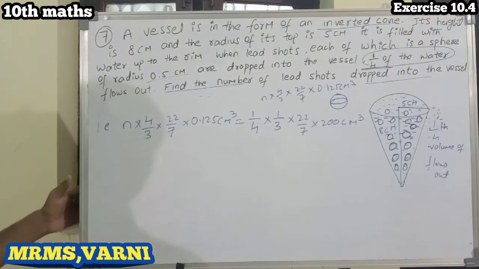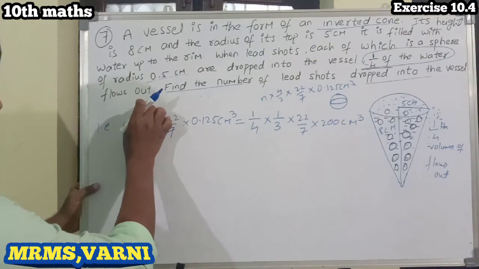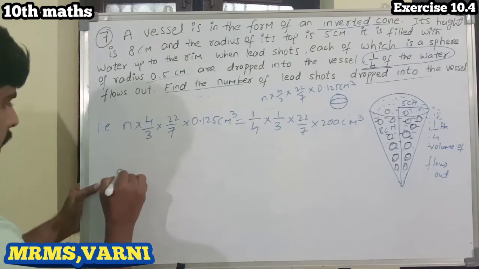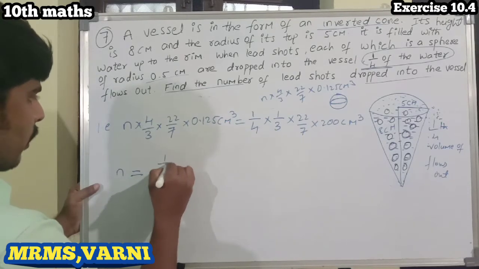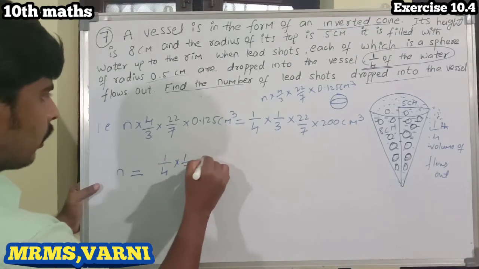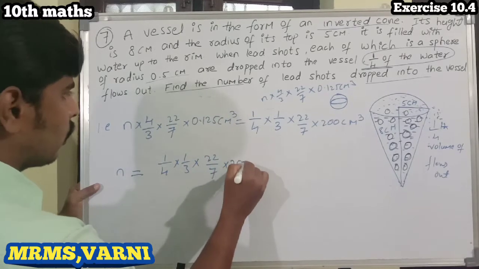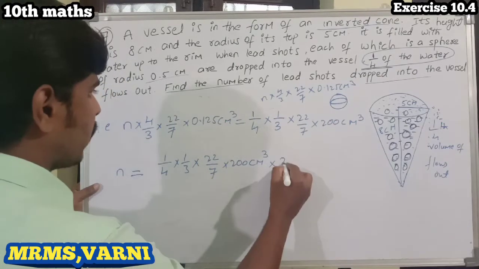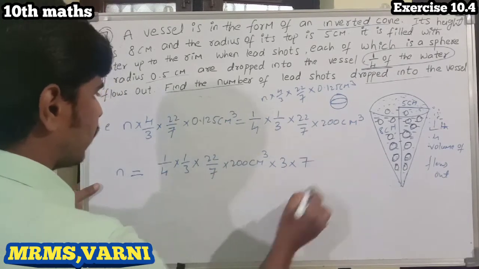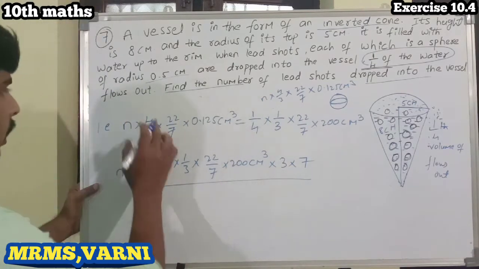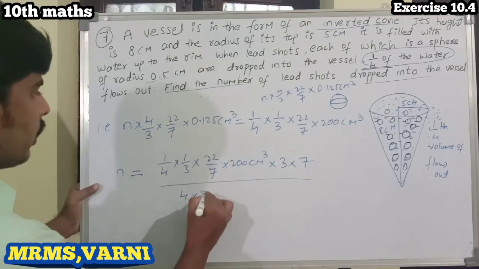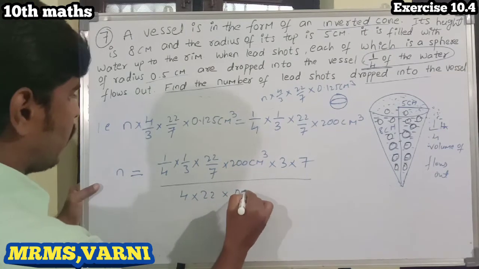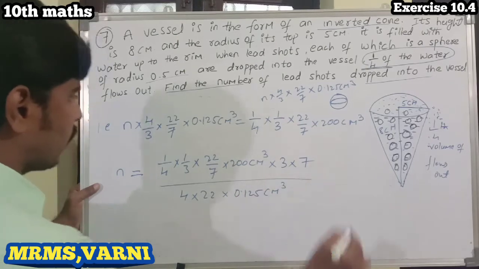Right, so take all these terms to the RHS. So n is as it is, 1 by 4 into 1 by 3, 22 by 7 into 200 centimeter cube as it is, and this 3 goes to the numerator, 7 also goes to the numerator, and this 4 here and 22 here, and 0.125 centimeter cube here. Is it clear?